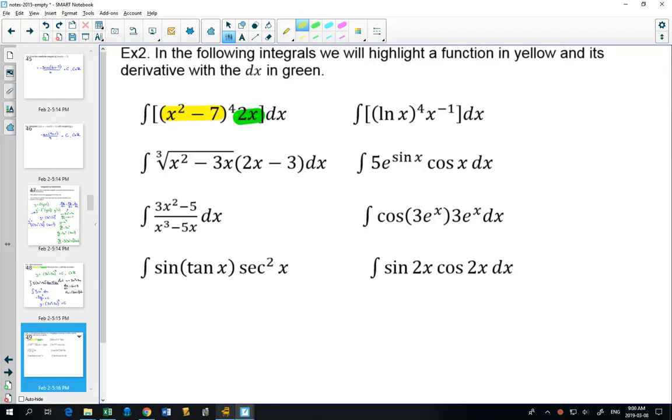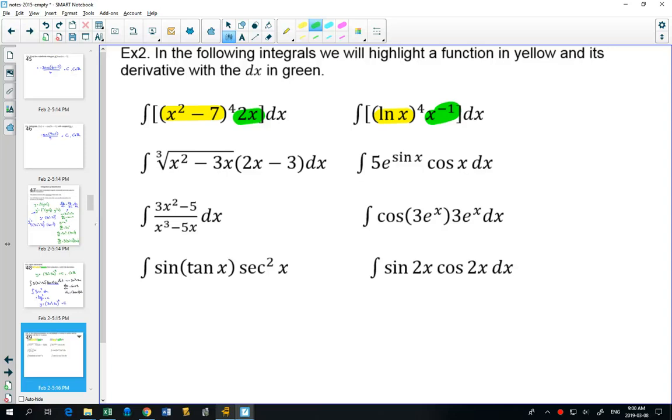In the second one here, I see the natural log is inside the power of 4, and the derivative of natural log is present. Okay? Can you see that we could have had this same question with the x in the denominator? And the derivative would be present, but a little bit more hidden.